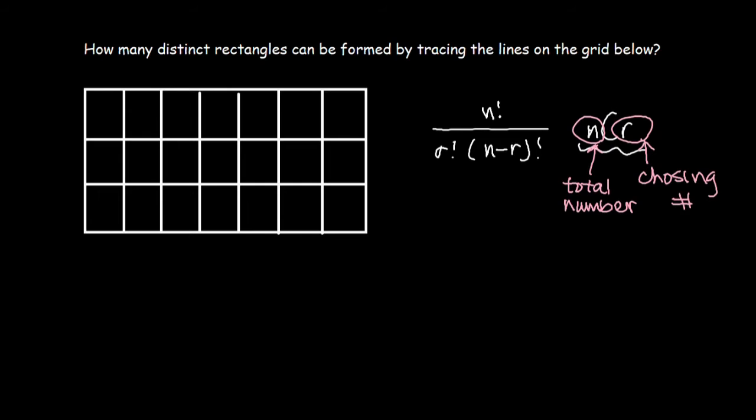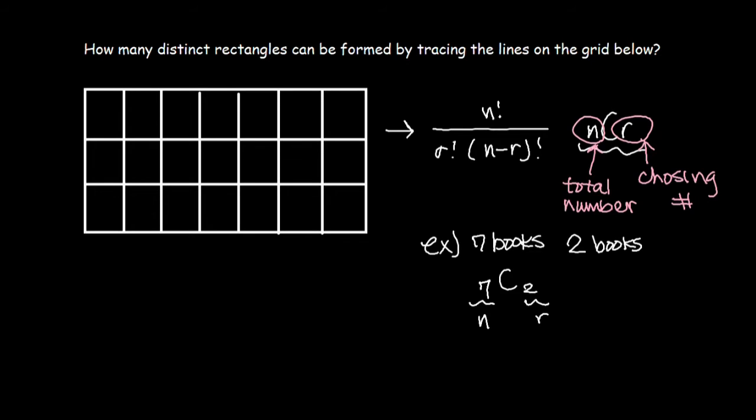For instance, an example of a basic combination problem might be you have 7 books on a shelf and you're going to choose 2 books to read. That can easily be expressed as 7 choose 2, and you plug in 7 as n and 2 as r into this formula and you'll get the answer, right?